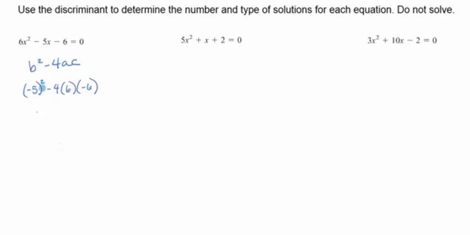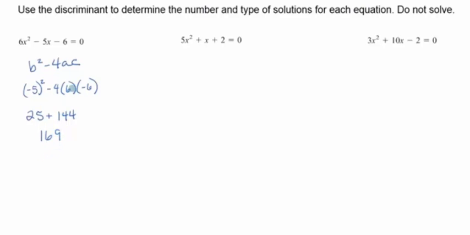So negative 5 squared is a positive 25. We have a negative times a negative, which is going to be positive. 4 times 6 is 24 times another 6 is 144. That gives us 169.